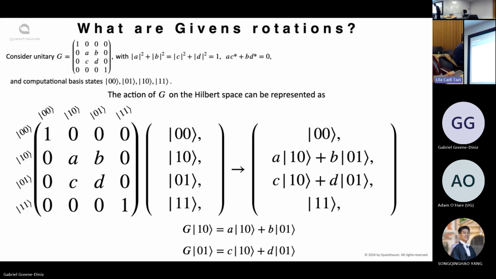Similarly for the 1,1 state, it can't mix that with anything because all of those have a different number of particles. So the only basis states it can mix are these two. That's the result of its matrix structure, and intuitively that means Givens rotations will preserve the particle number of the basis state that you apply it to.